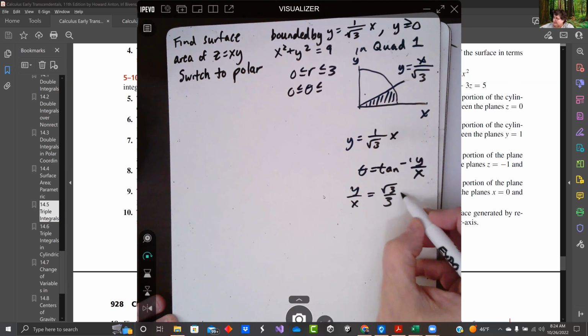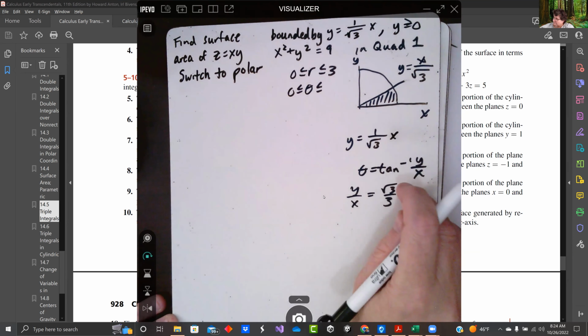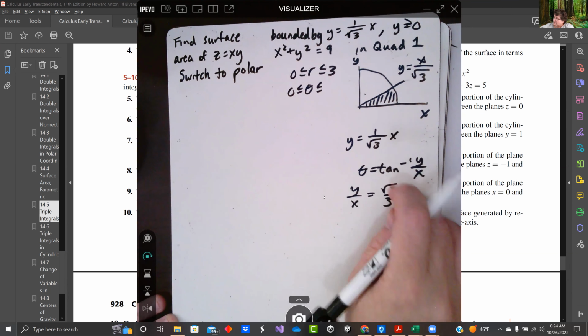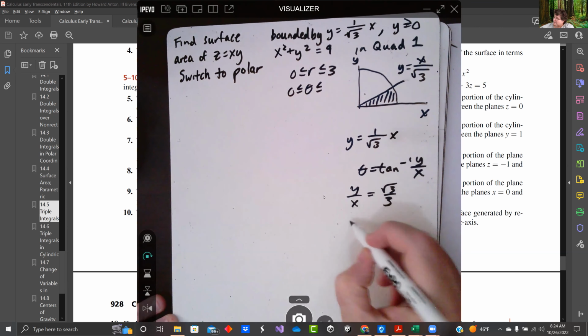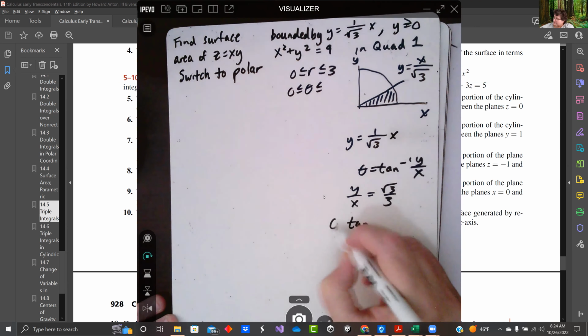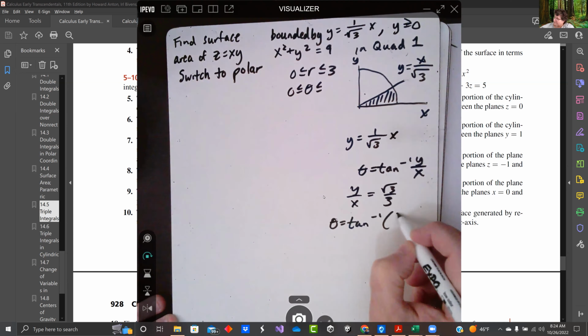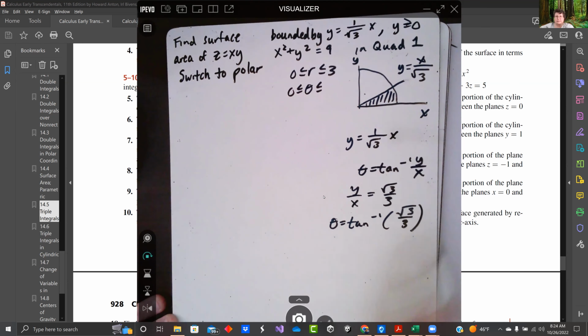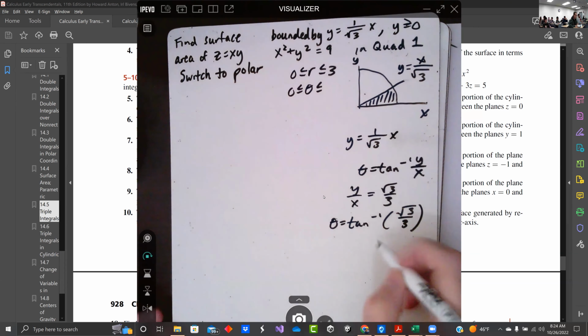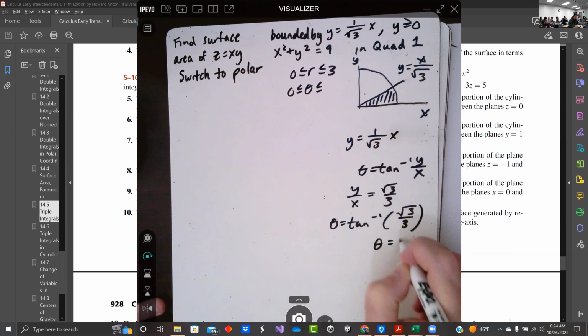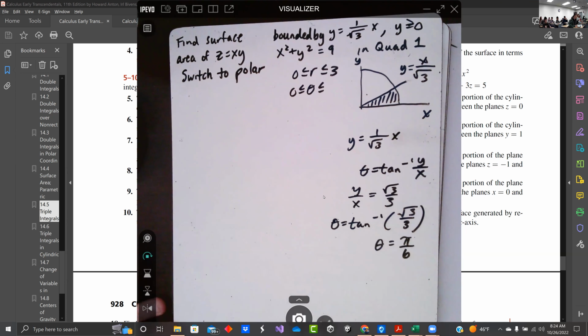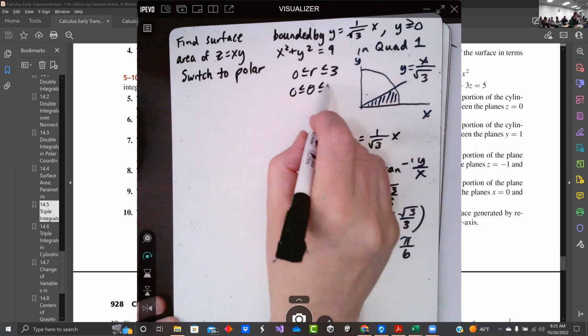So that's got to be tangent theta, so theta equals tangent inverse of root 3 over 3. Where does that occur? Pi over 6. You get y over x.